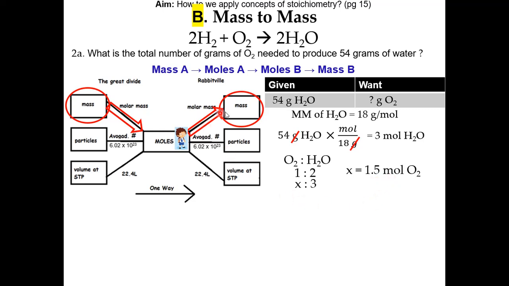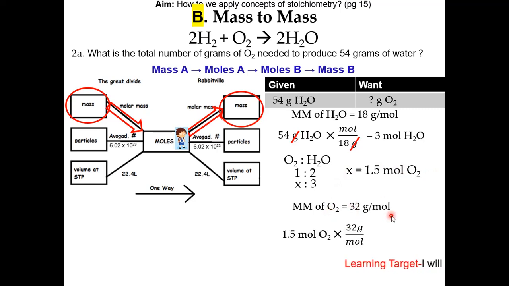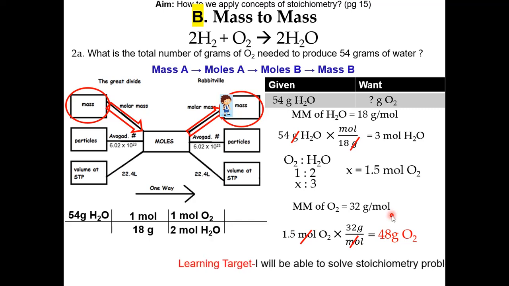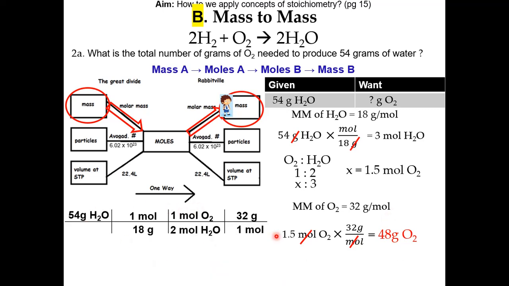The last step before we go to Rabbittville is to multiply by the molar mass of O2. The molar mass of O2 is 32. If we multiply 1.5 by 32, we get 48 grams of O2. And that is the final answer. You can also solve this using the bridge method. Here's the setup.